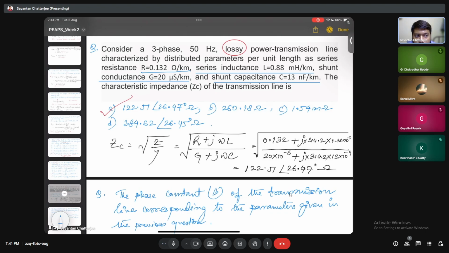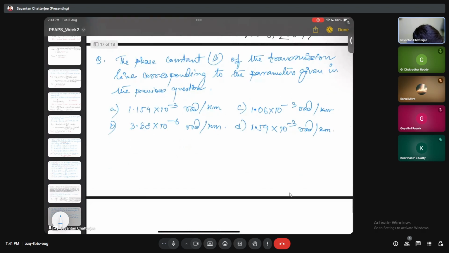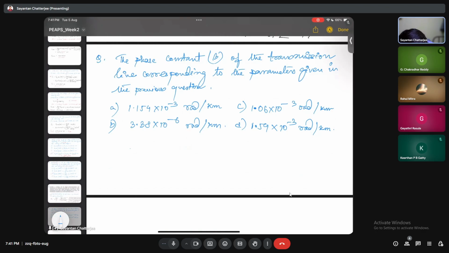Right? Yes, sir. So in the lossless transmission line, we can directly use the value j beta L for denoting gamma, but for a lossy line gamma is alpha plus j beta.